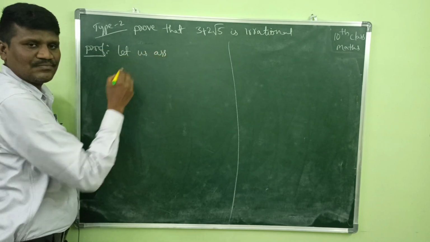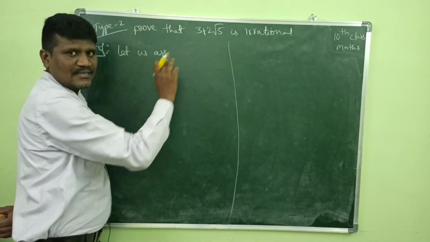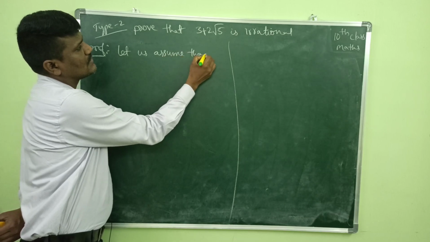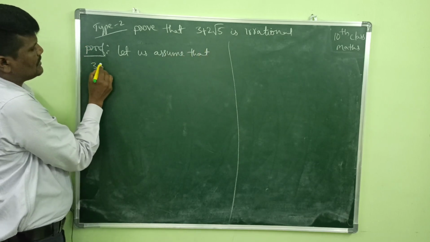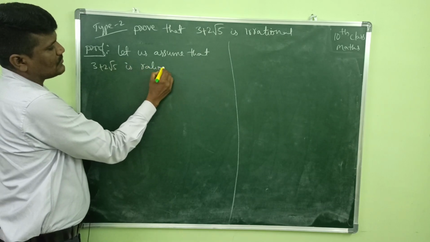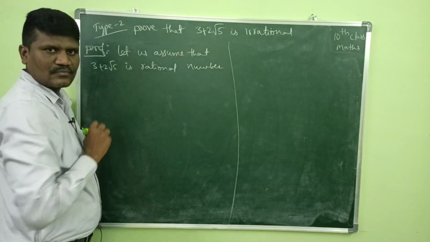First thing is what? We should prove by contradictory method. So we should assume this as an irrational number. So let us assume that 3 plus 2 root 5 is a rational number.